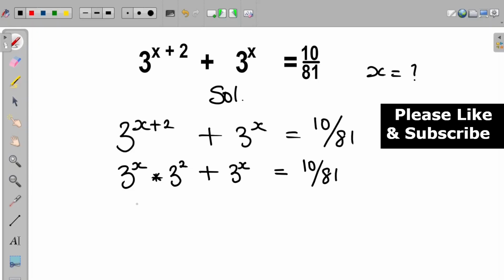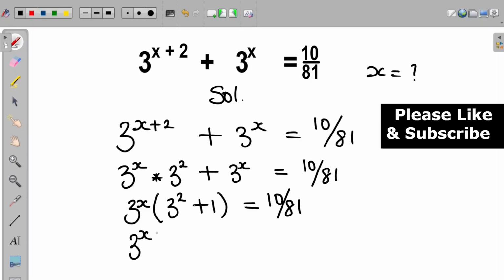So the equation becomes 3 raised to the power of x, open up a bracket, 3 squared plus 1 equal to 10 divided by 81. So this simplifies to become 3 raised to the power of x. 3 squared is 9. 9 plus 1 is 10.